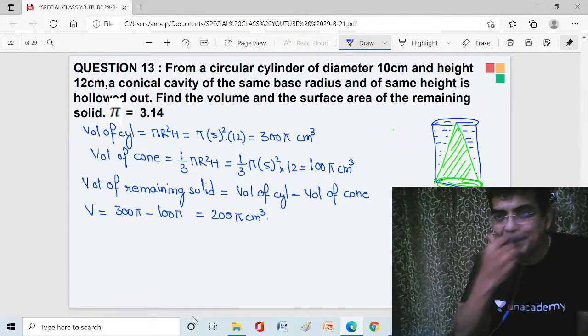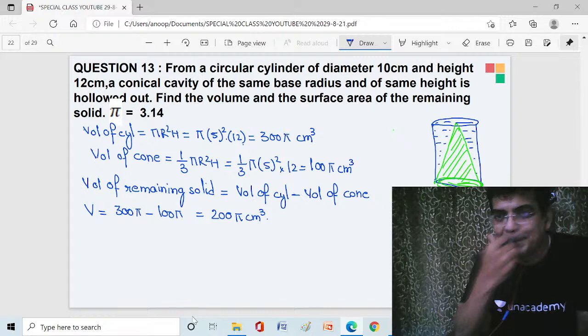See, it was a cylindrical portion, and from the cylindrical portion, a conical cavity was cut. So from the volume of cylinder, I can subtract the volume of cone. So I am getting the remaining, and now I will substitute the value of pi. 200 into 3.14.